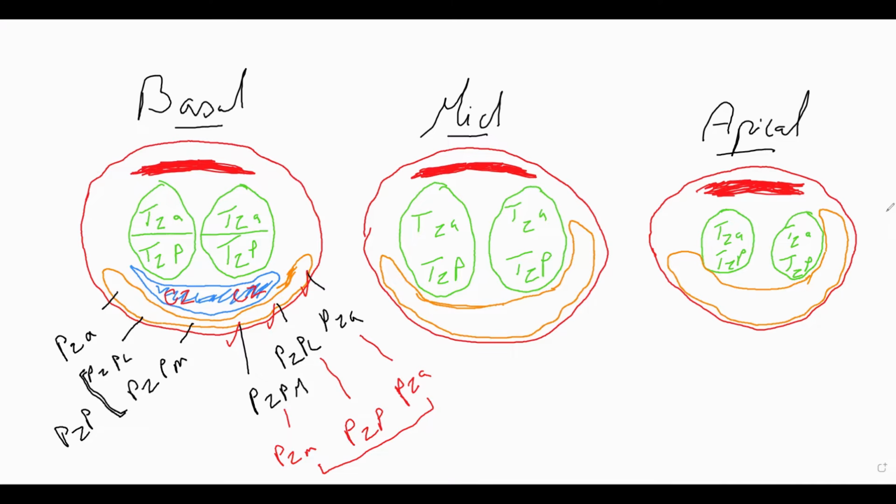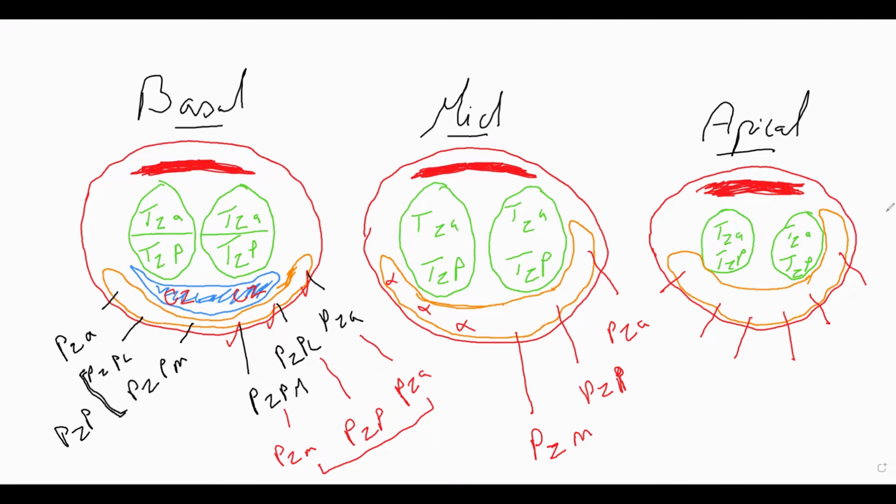So here in the mid-level, we have BZA, BZ anterior, BZB, that's related to the posterolateral, and we have here BZ medial or BZ posteromedial or BZ mesial. So we have 3 segments on the left side. Also, we have 3 segments on the right side. We have also here BZA, BZB, BZM, BZM, BZB, BZA.